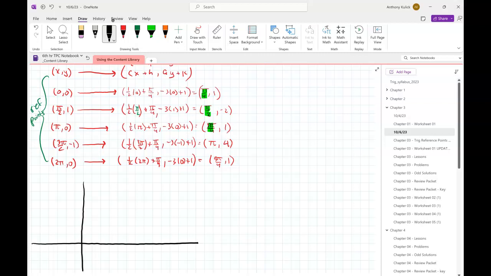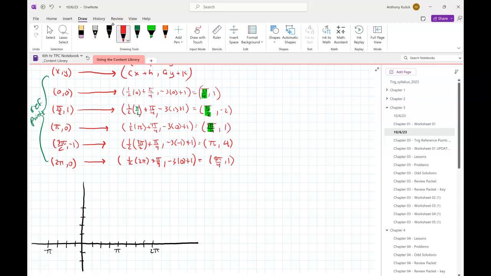So each tick mark on my x-axis is going to be pi over 4. That's pi. That would be 2 pi. That would be like negative pi. And then my lowest I go is to negative 2, and the biggest I go is positive 4.